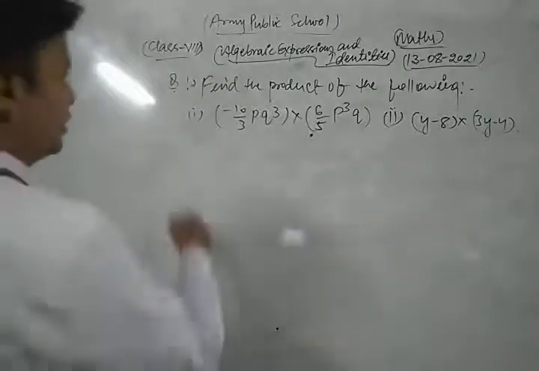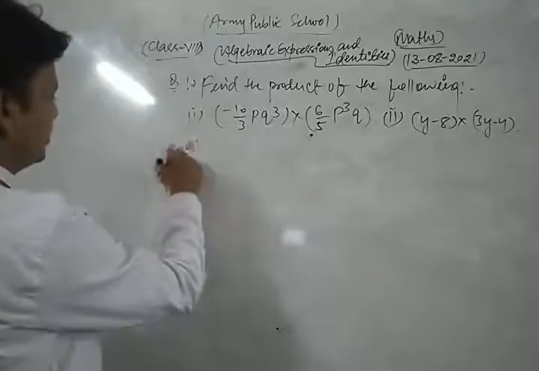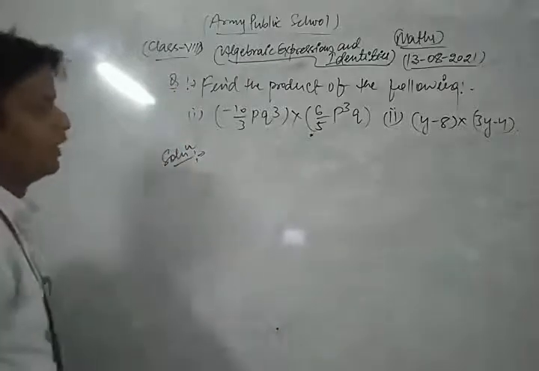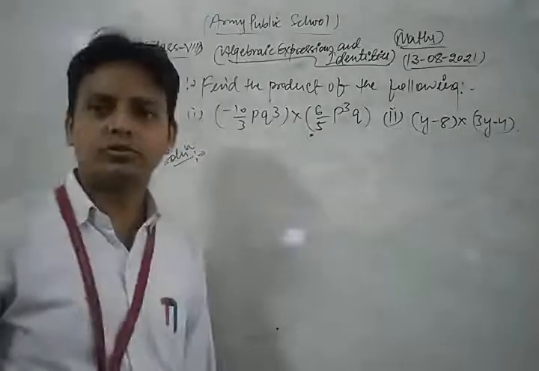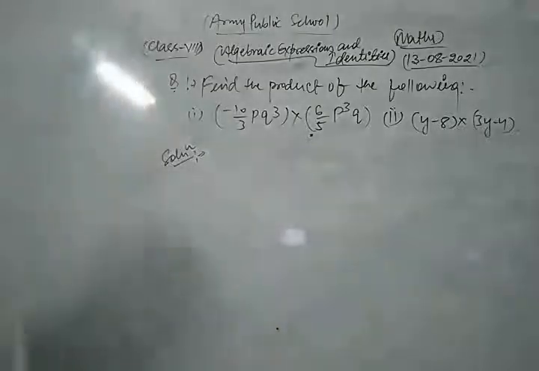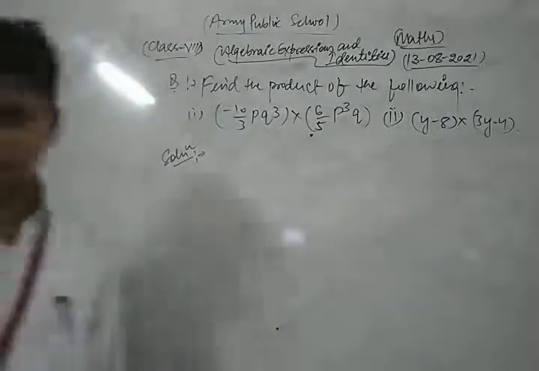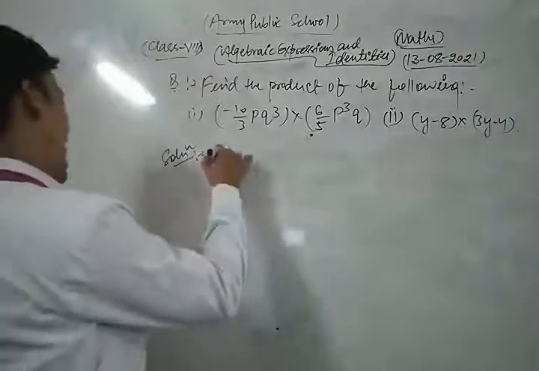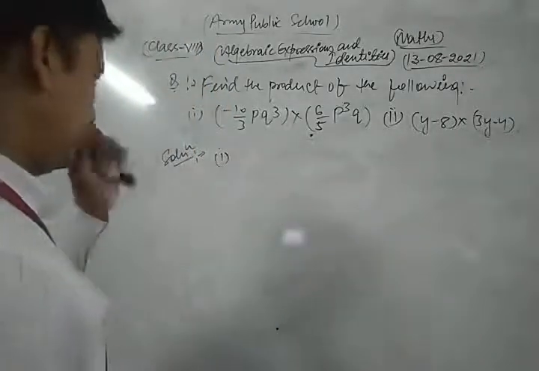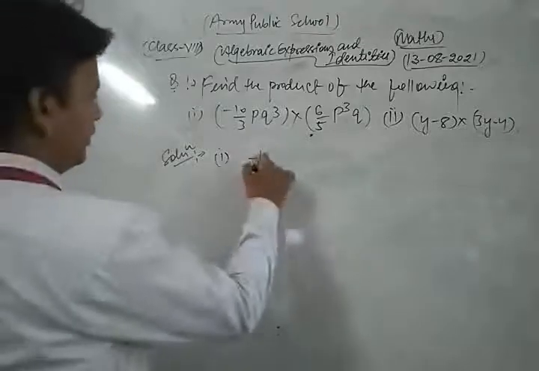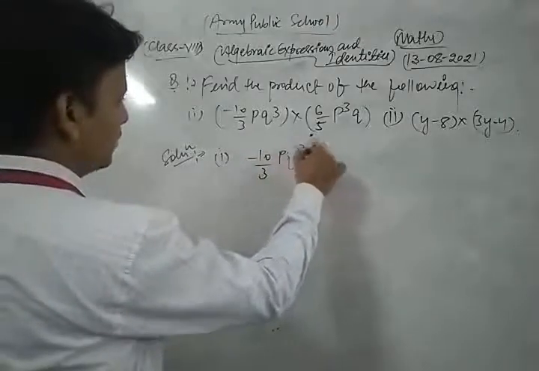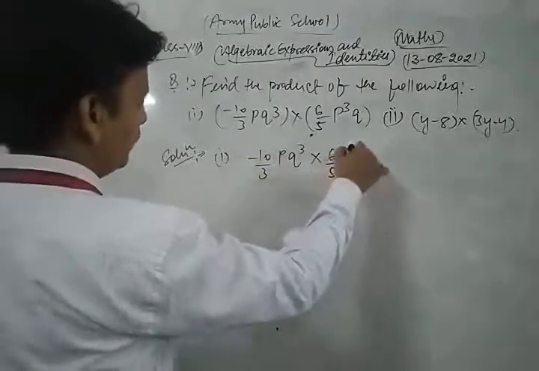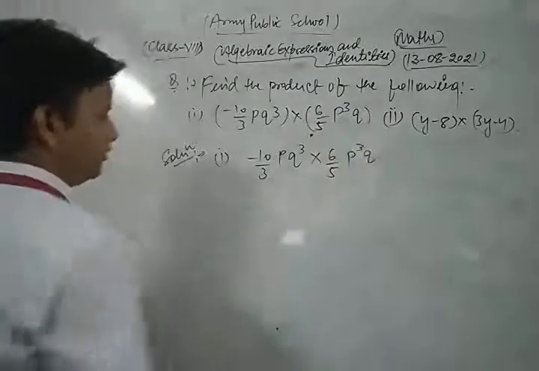So now look at its solution. What is the process to solve this type of question, dear friends? Look, first of all we take and solve the first part of the question, so we write minus 10 upon 3 p cube q into 6 upon 5 p q cube.